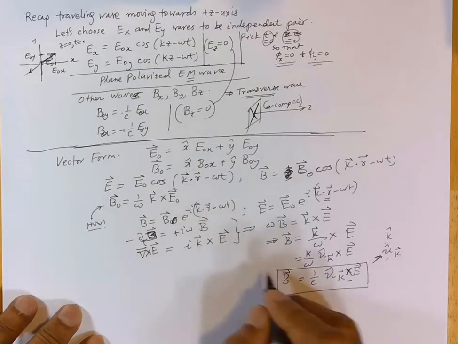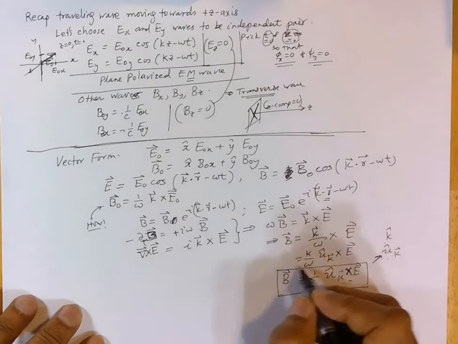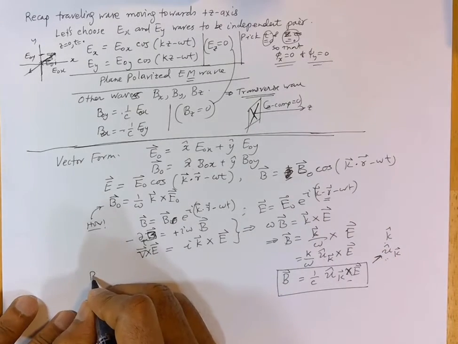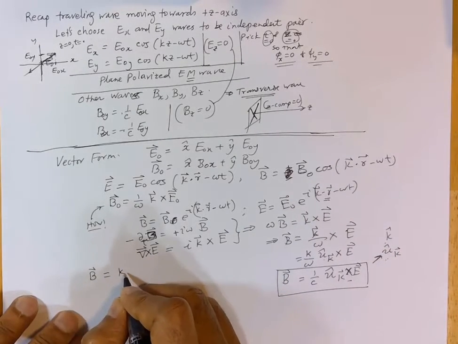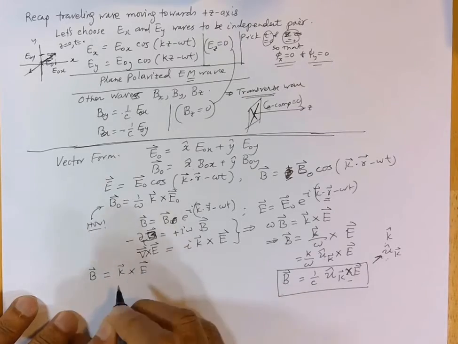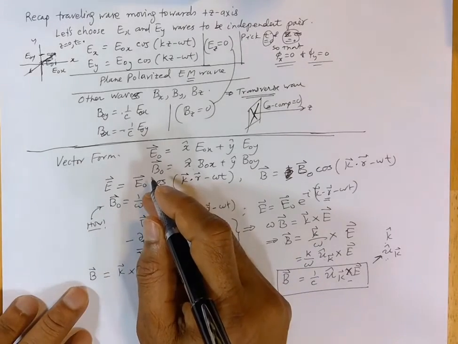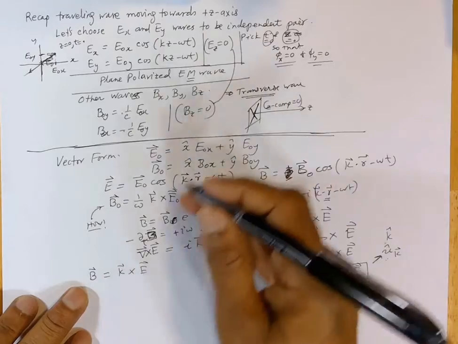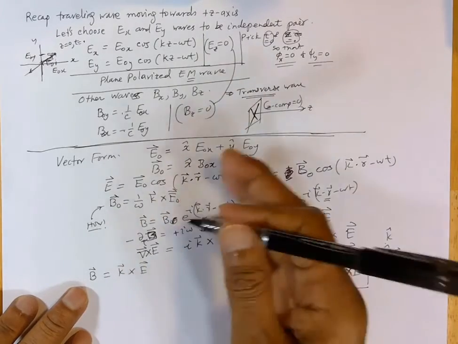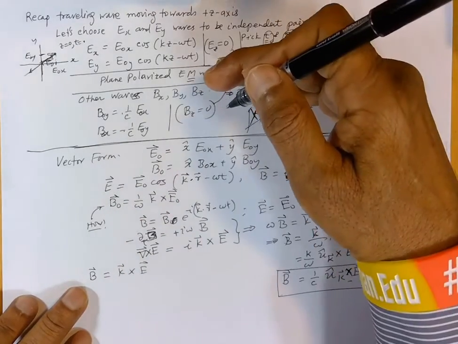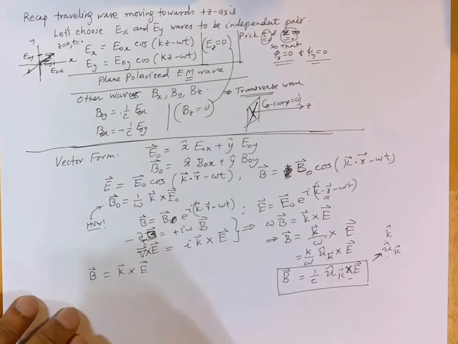One of the things about this, look at it closely: you have B as a cross product with E. Now I wrote it in vector form, and I didn't really work out the very nasty calculation here, but from the z-axis you can see how it will work out.